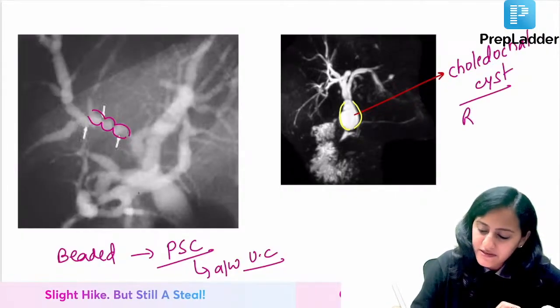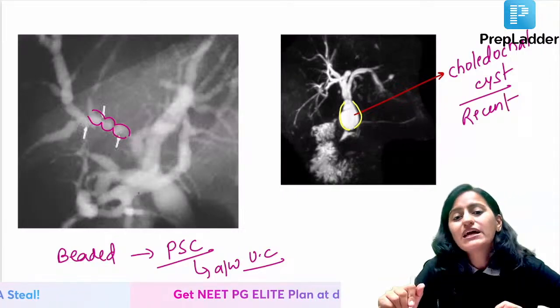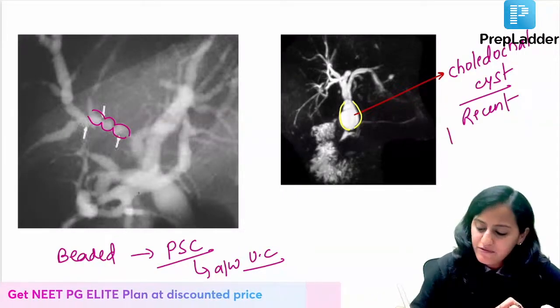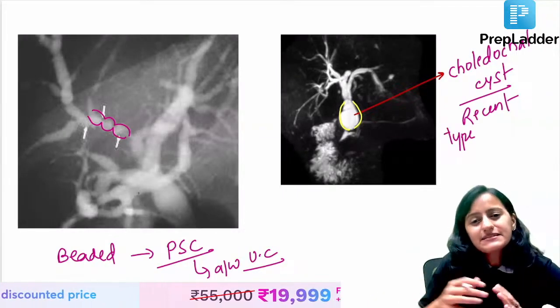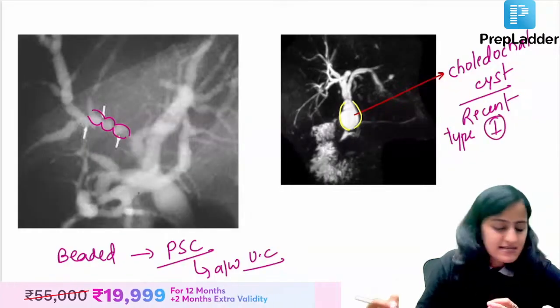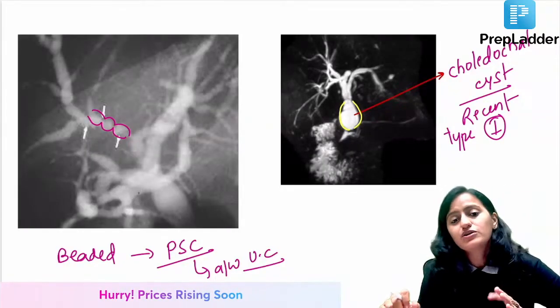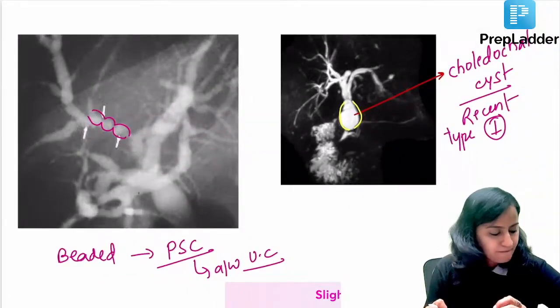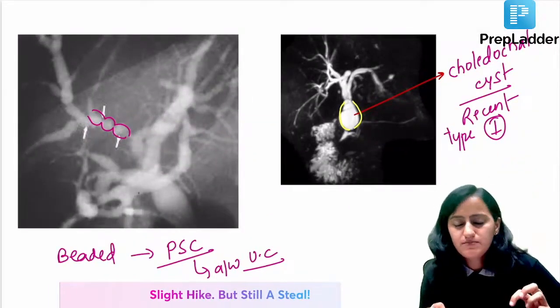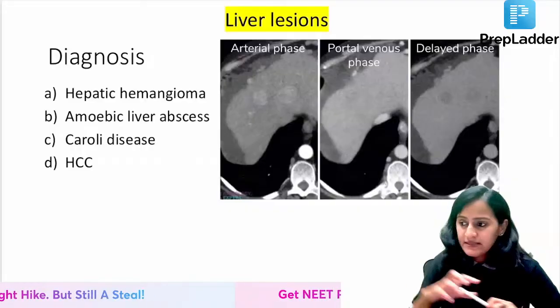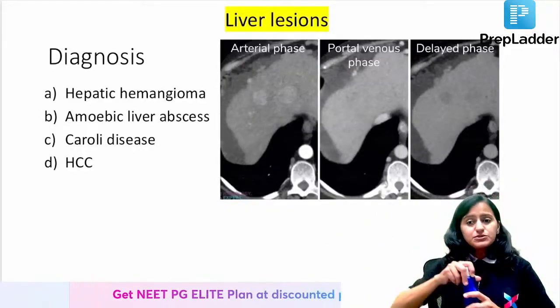Okay, this is one of the recent exam questions. What type of choledochal cyst? When the extrahepatic CBD is showing fusiform dilatation, this is type 1 choledochal cyst. You have the Todani classification for choledochal cyst. Next one. What do you think is the answer to this one?